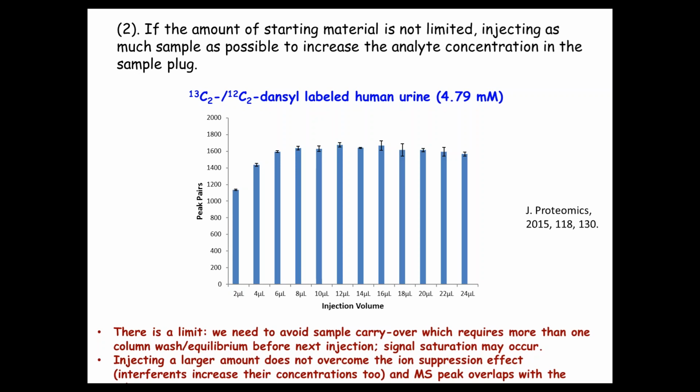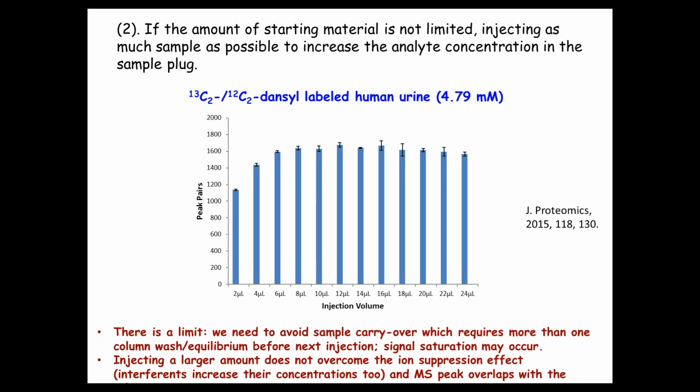However, it leveled off as the injection amount reached a certain point. We usually inject the optimal amount at the point where peak pair number no longer increases. In this way, we can avoid the sample carryover problem.